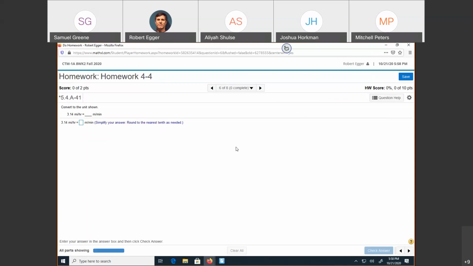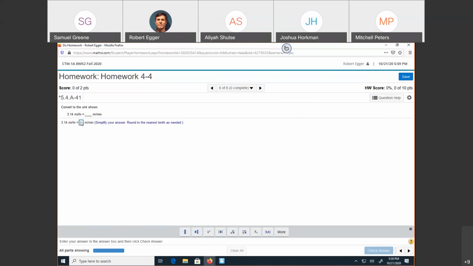So let's see, how do we enter a number? First of all, read the question. This is converting units from miles per hour to meters per minute. And of course, simplify your answer, round to the nearest tenth as needed. I mean, one decimal place. So, okay, you think you did it right, put in your numbers, so 6.2.